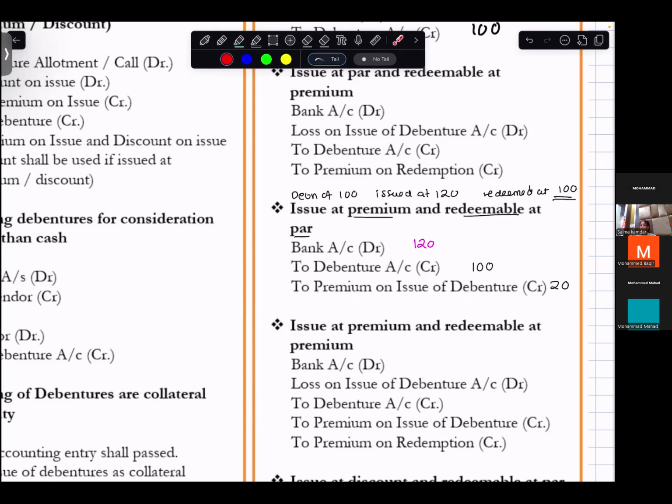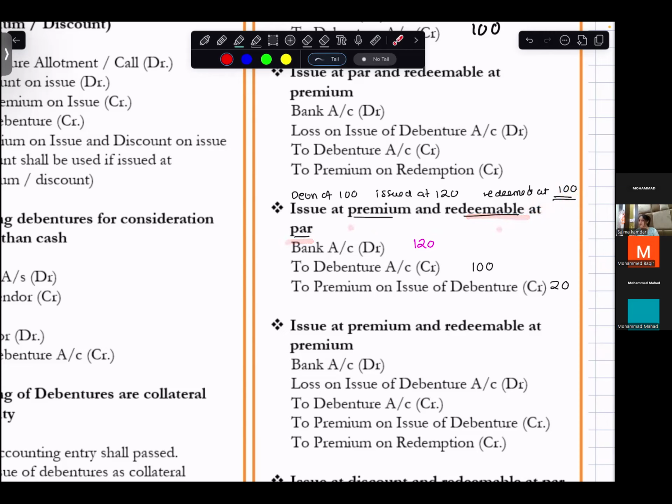Now at the time of issue, you know that when you redeem these debentures, you're not having any loss. You're going to repay how much? Redeemed at 100, redeemed at par.